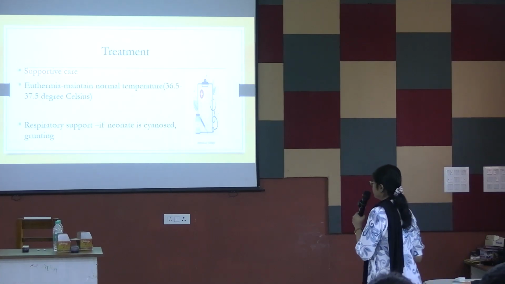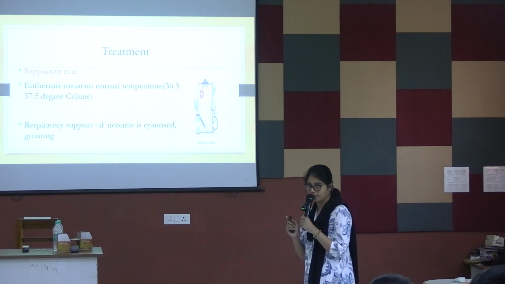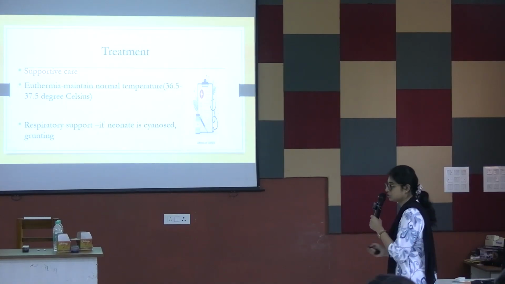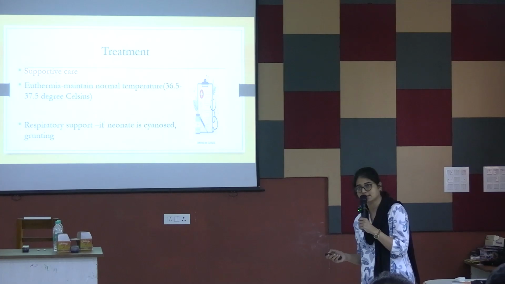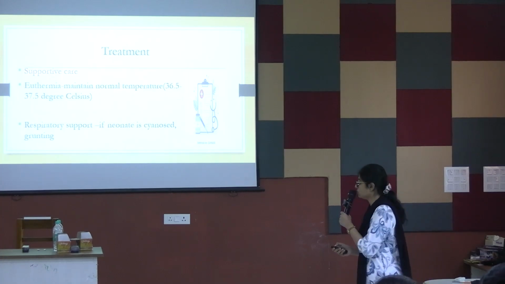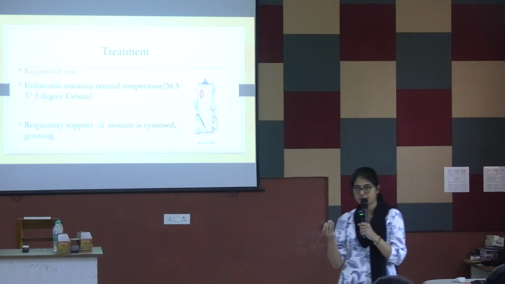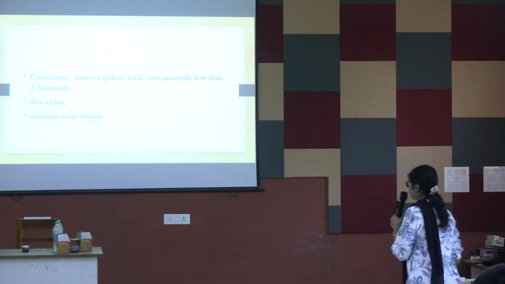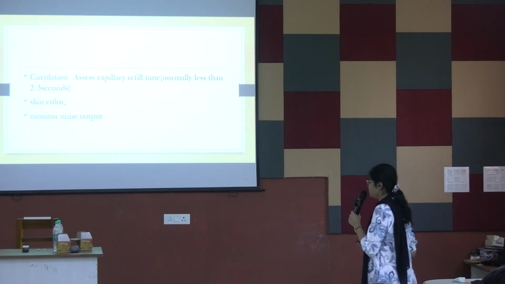What is the treatment? First of all, start with supportive care. Supportive care means euthermia. We will have to maintain normal temperature, that is 36.5 to 37.5. Respiratory support: if the newborn is cyanosed or grunting, start with oxygen, start with ventilation. Circulation: assess the capillary refilling time.